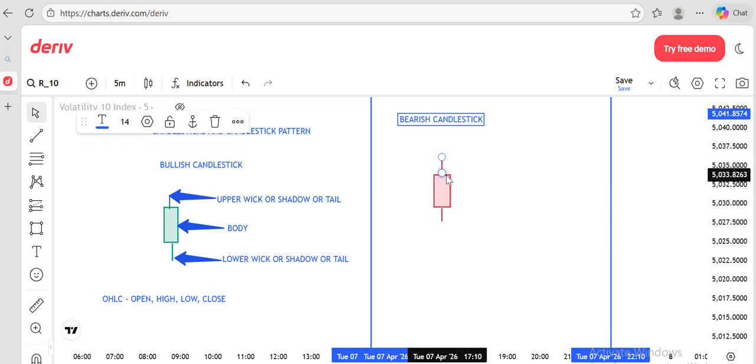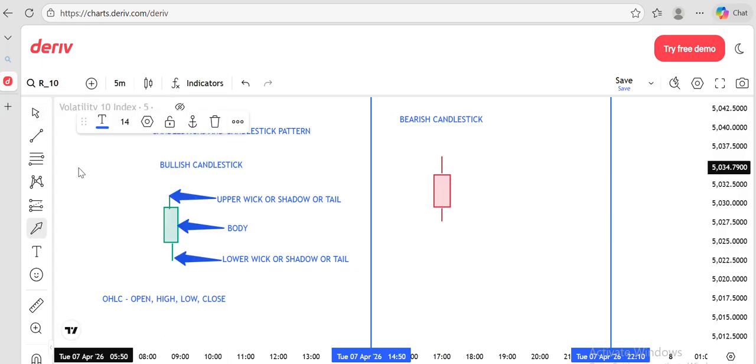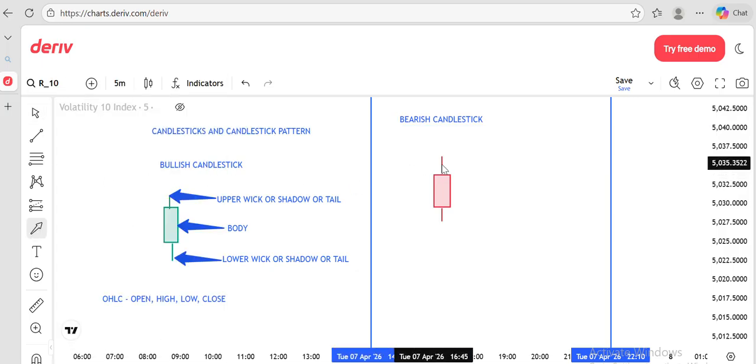The difference between a bullish candle and a bearish candle is that for a bullish candle, the open is below and the close is at the top. For a bearish candle, the open is above and the close is at the bottom of the body. So that's the difference between these candles. The high and the low remain the same.